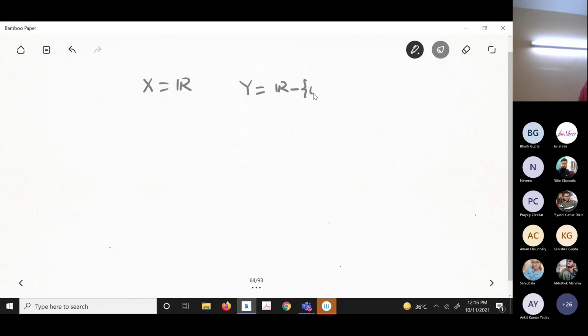this. And what will be the closure of this? First of all, the closure has to be a closed set containing Y, and the smallest such closed set.